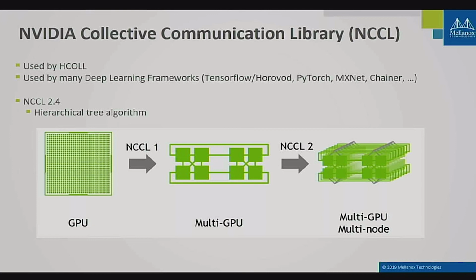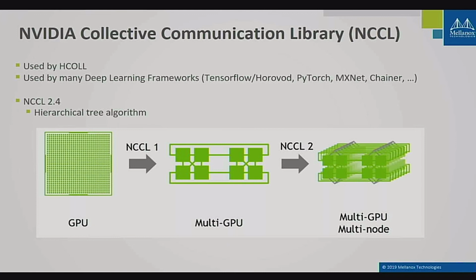So NCCL started with GPUs. They have a lot of processing engines internally, which interconnect and communicate with internal buses, which we don't have details of. And then Nvidia implemented NCCL. The first version was designed to allow communication between GPUs within a box.